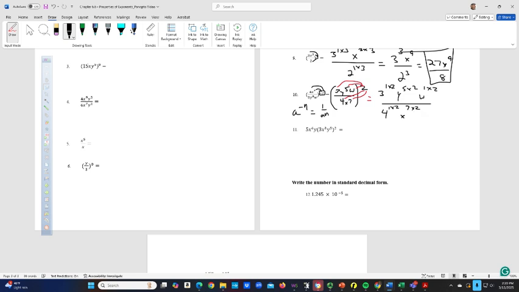So I implemented my power over a quotient rule. So now I just need to simplify: 3 to the second, y to the 10th, w to the second, over 4 to the second, x to the 14th. And now just simplify these real numbers to their powers. So 3 to the second is going to give me 9, y to the 10th, w to the second, over 16x to the 14th.